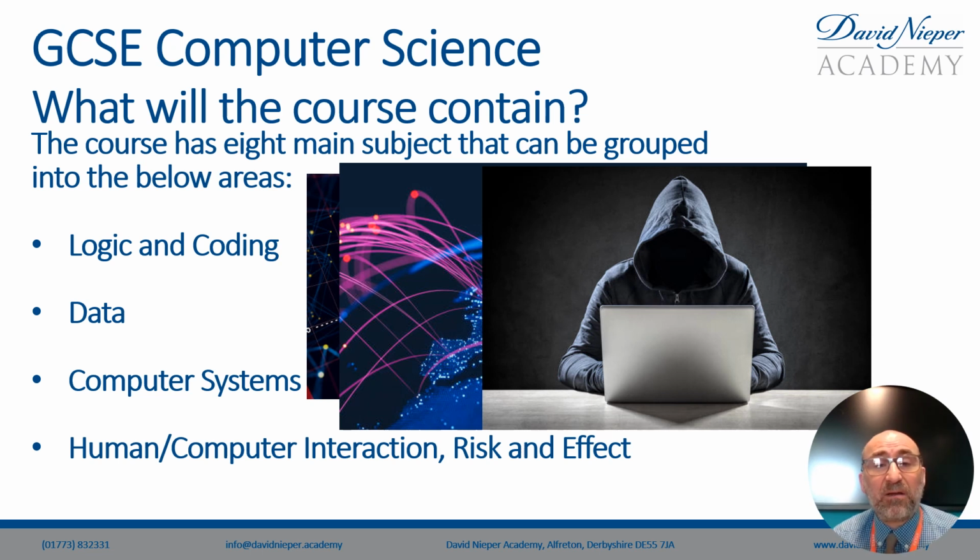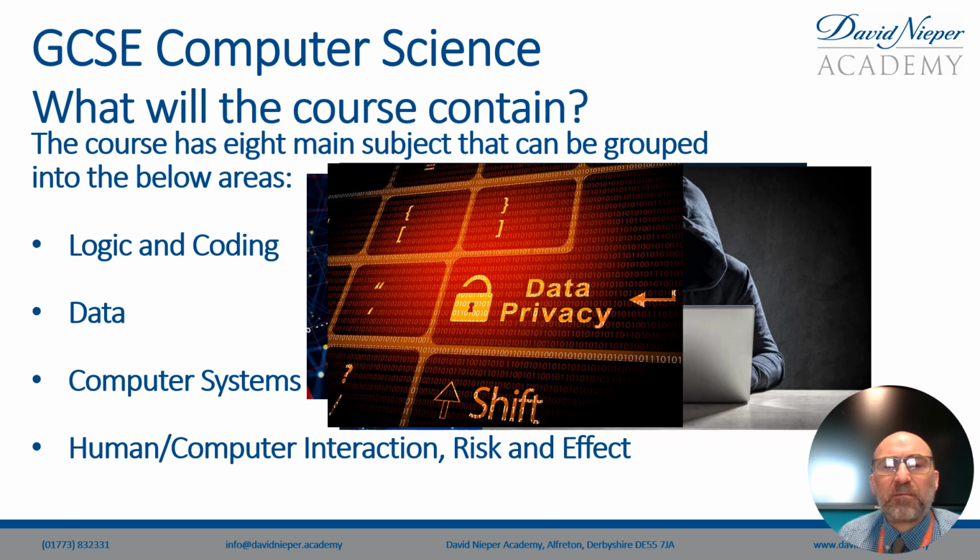And then the final area is human-computer interaction, risk and effect. And from that, what we're going to be looking at is things like cybersecurity. So we want you to understand the various aspects of how computers can be secure and how they could be endangered in some way in terms of things like privacy.